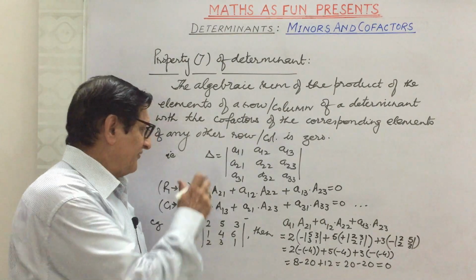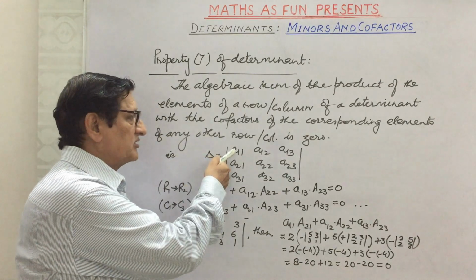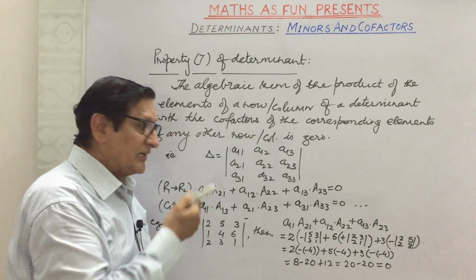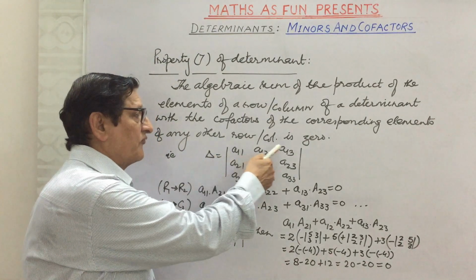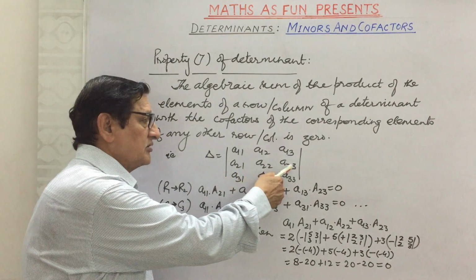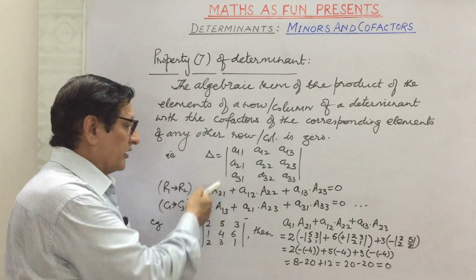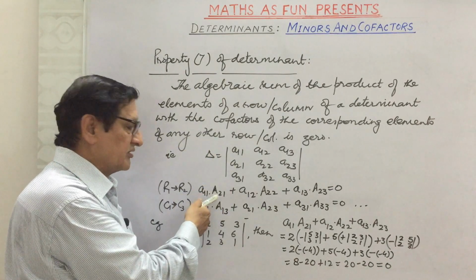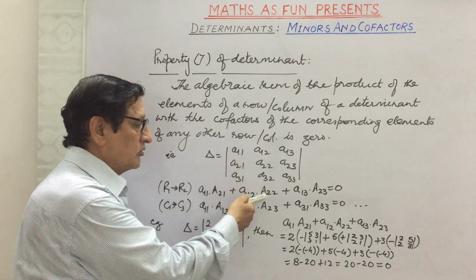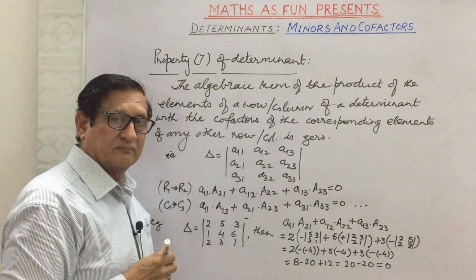That is, suppose we have a determinant delta, the elements in which are a11, a12, a13, etc. Then the product of the elements of the first row with the cofactors of the elements of the second row is 0. That is, a11 into the cofactor A21, plus a12 into A22 plus a13 into A23 is 0.